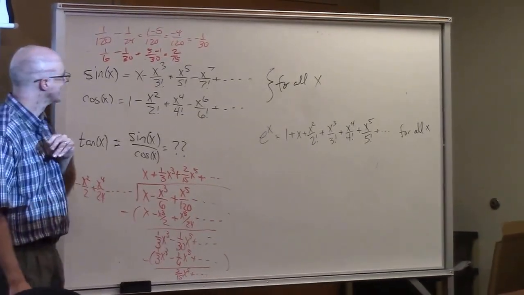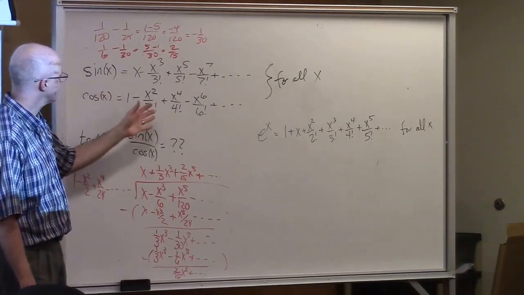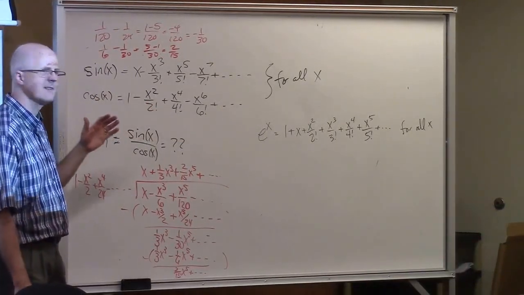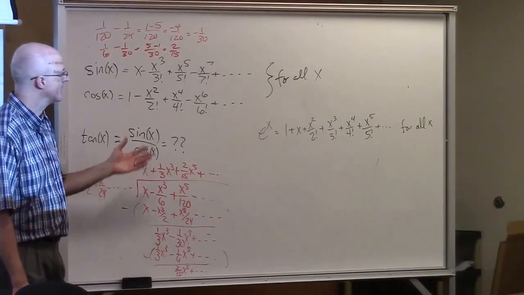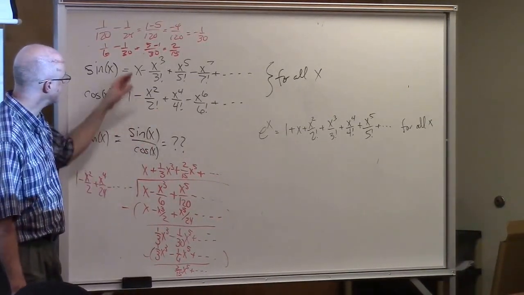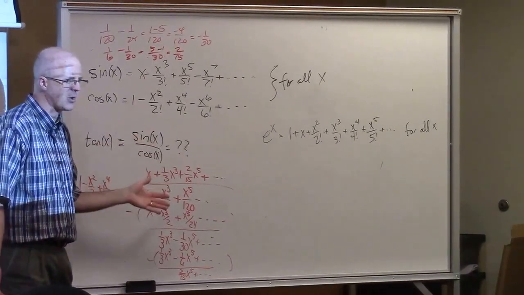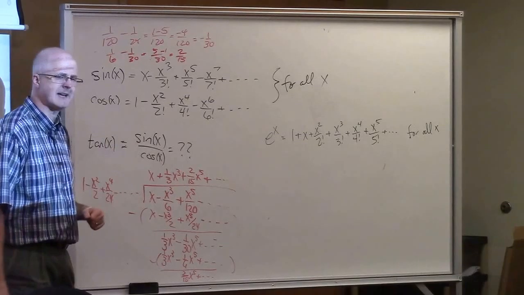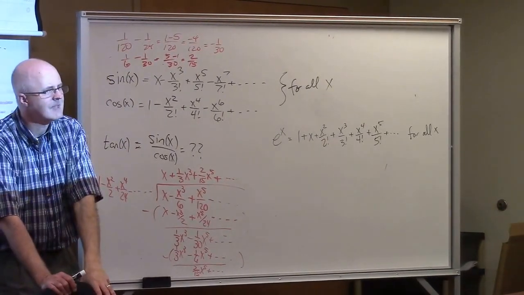I'm not deriving these at the moment, but it's interesting that these are true and also that they're related to each other. You can get the series for e to the x by essentially combining the series for sine and cosine, adding them sort of, except make all the minus signs pluses. Interesting.